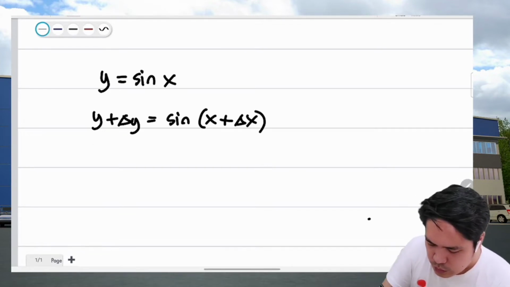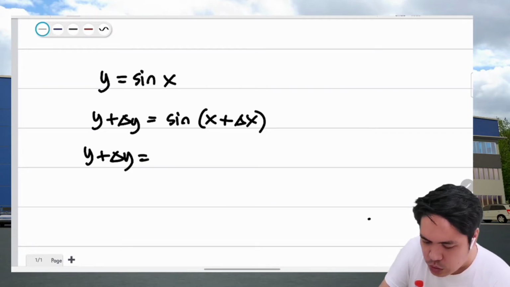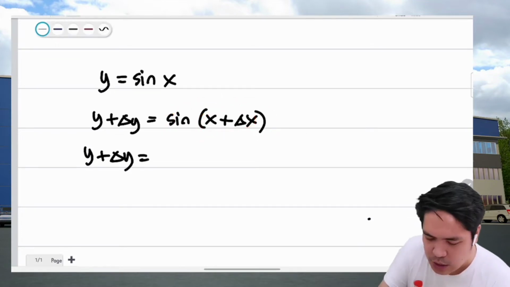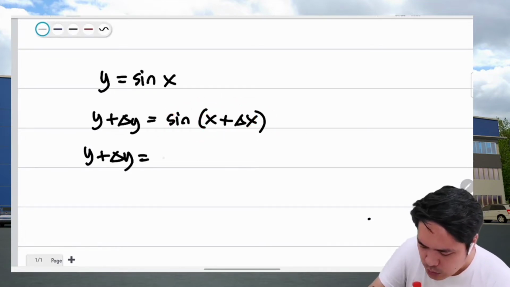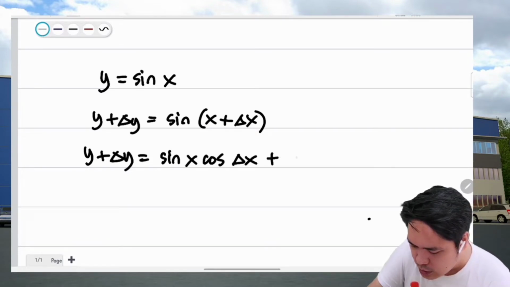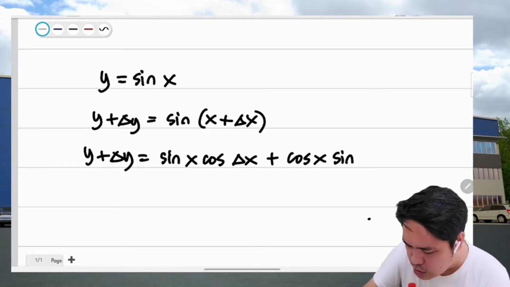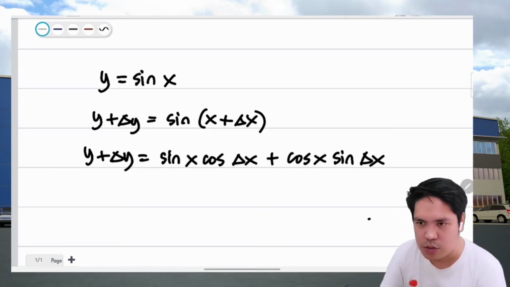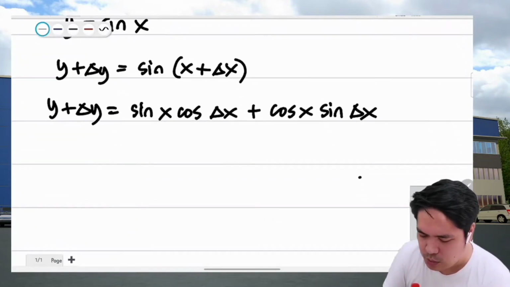So we'll have y plus delta y equal to... here, we have an identity for the sum and difference of sine. If you recall, that would be sine x cosine delta x plus cosine x sine delta x, or our sin cos cos sin mnemonic.